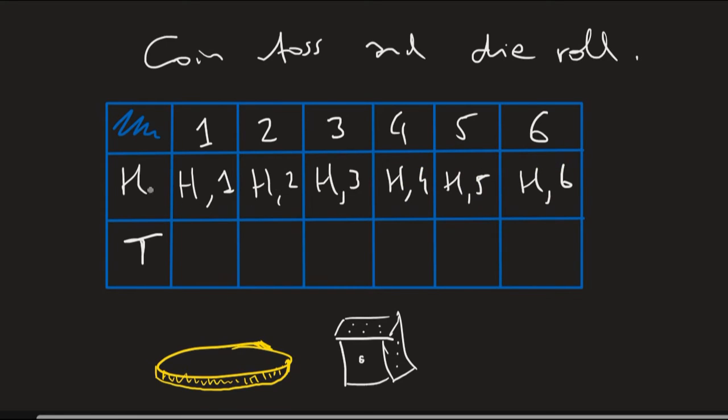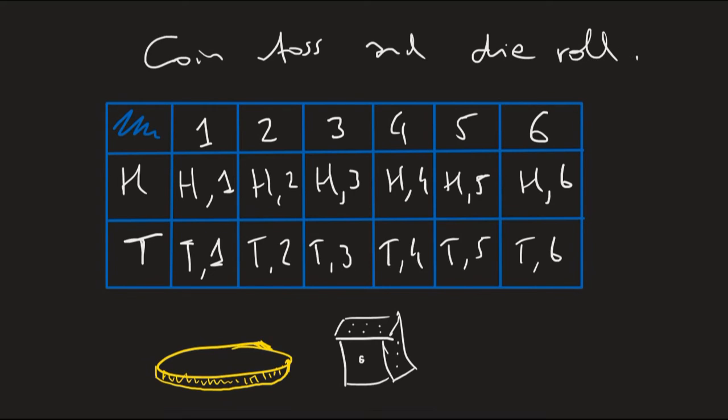So there are the possible outcomes if the first flip of the coin lands on heads. The next possible outcomes are that the coin will flip and land on tails, and then we get a 1 on the dice, or a 2, 3, 4, 5, and 6. So they are the possible outcomes for a coin toss and a dice roll.